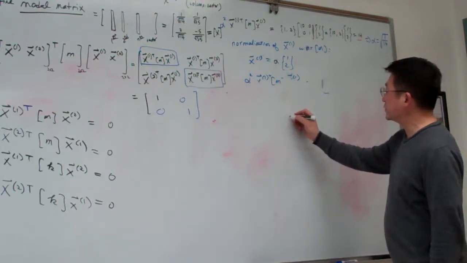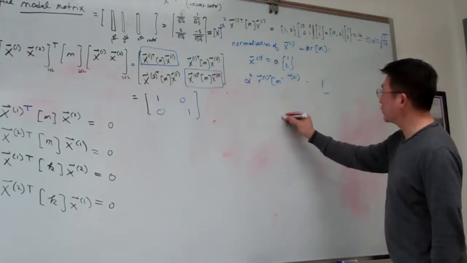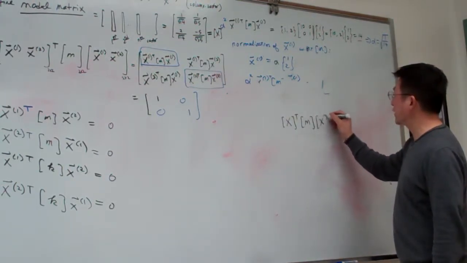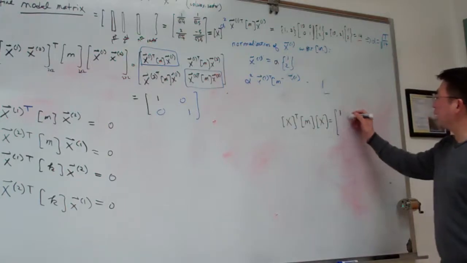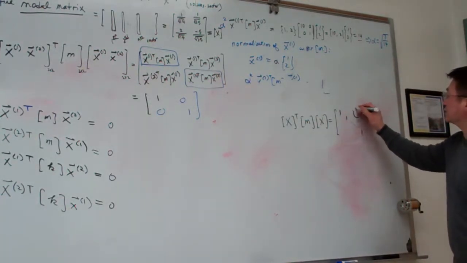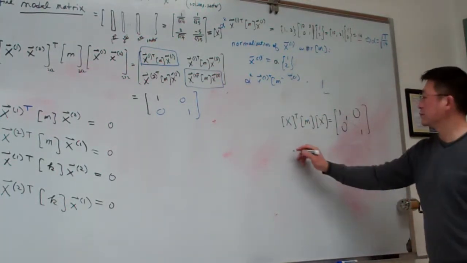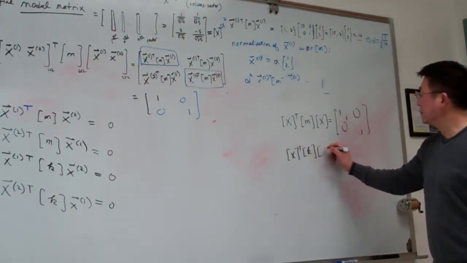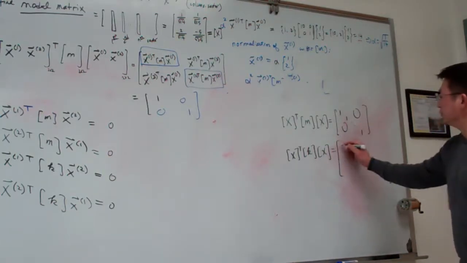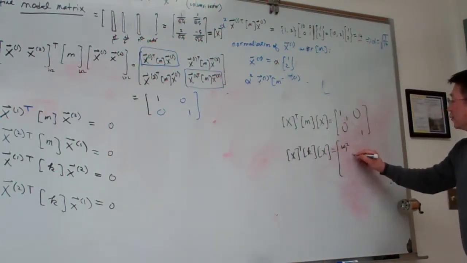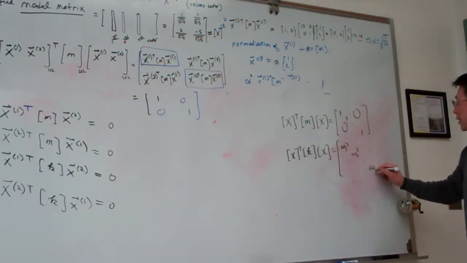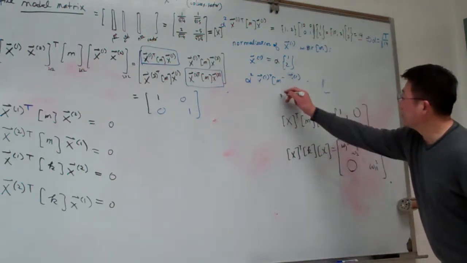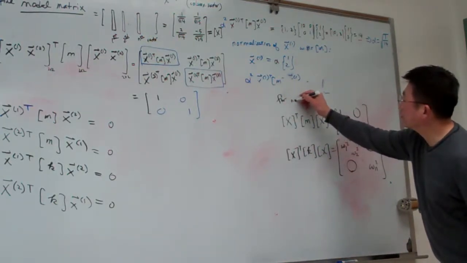For normalized vectors, we have this is the modal matrix transpose times M times modal matrix equal to 1, 1, 1, 0, and the modal matrix transpose times K times modal matrix equal to omega 1 square, omega 2 square, omega n square, and off diagonal element equal to 0 for normalized.